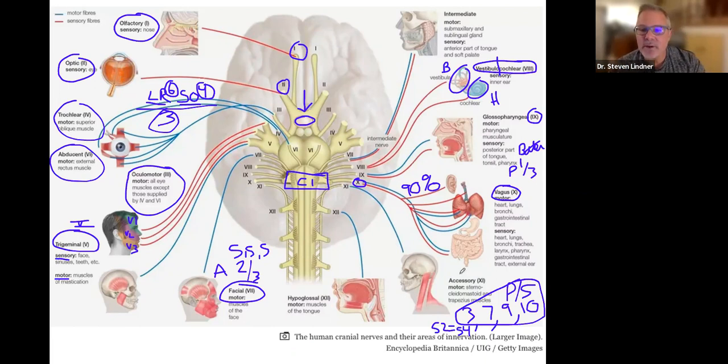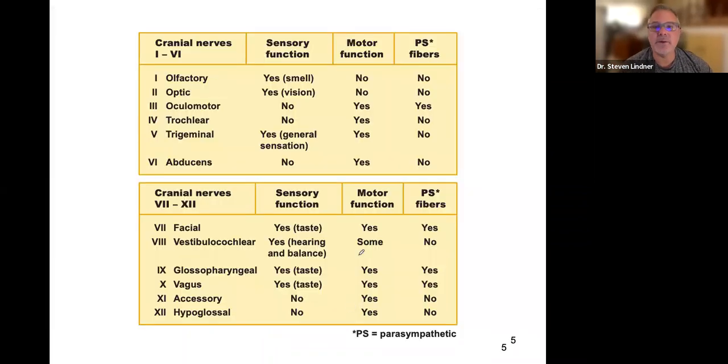Okay, accessory or spinal accessory, cranial nerve 11, that deals with the sternocleidomastoid muscle and the upper trapezius. And then cranial nerve 12, the hypoglossal, deals with the muscles of the tongue, movement of the tongue. Okay, so those are the 12 pairs of cranial nerves.